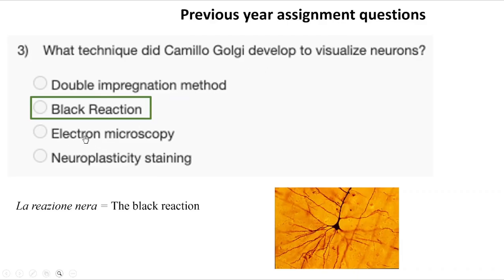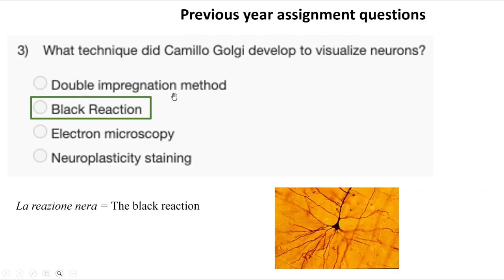Yeah. Electron microscopy, of course not. Electron microscopy came up in the 1950s, whereas these techniques were much older. These were in the 19th century. Mid to late 19th century is when Golgi's black reaction and Cajal's double impregnation method came into the picture.